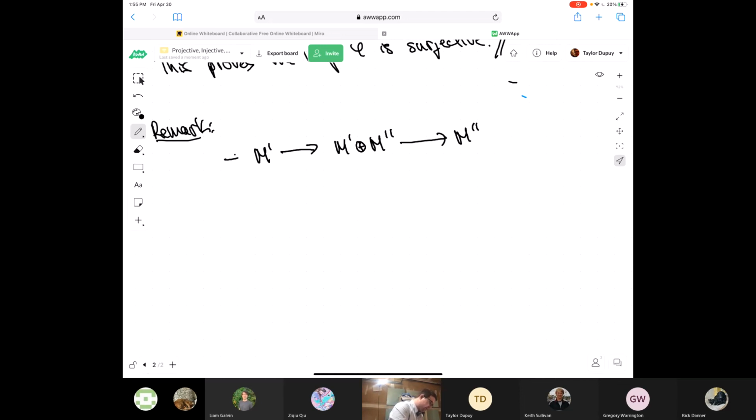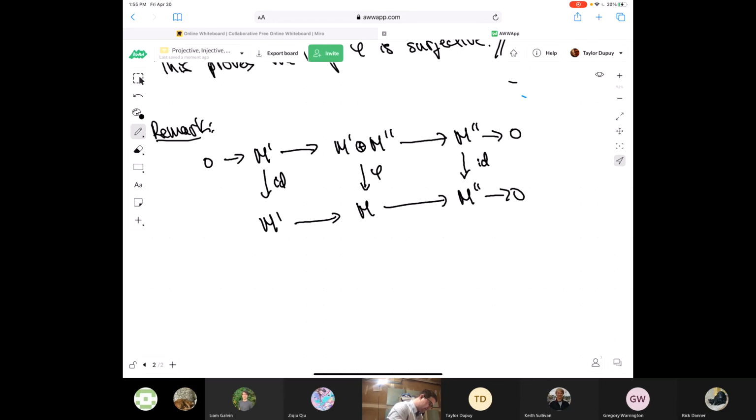This is the one thing we didn't really check. Okay, and so we had this map here, phi to M, and M prime prime 0. This was the identity here. And then this was J, and this was P.